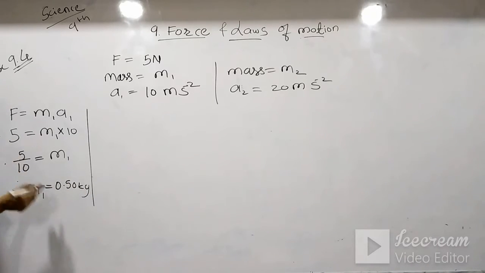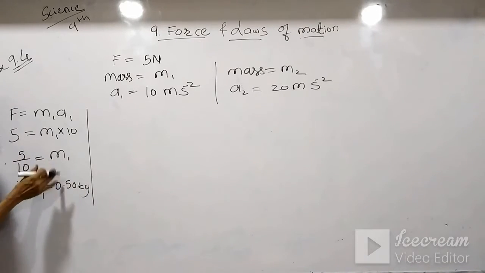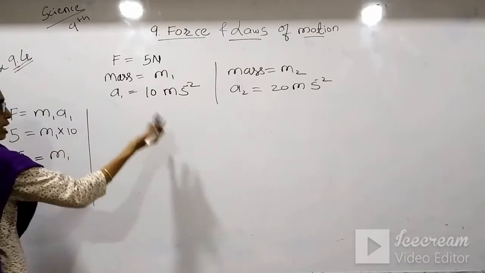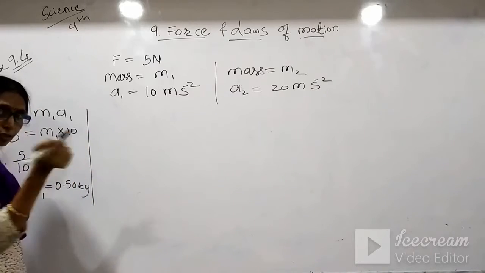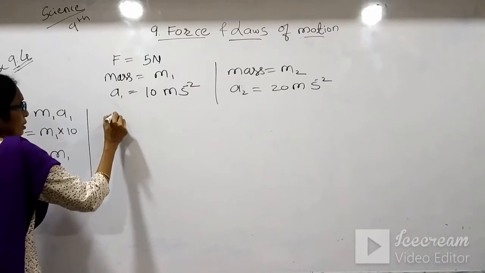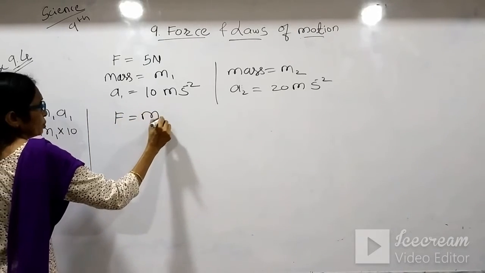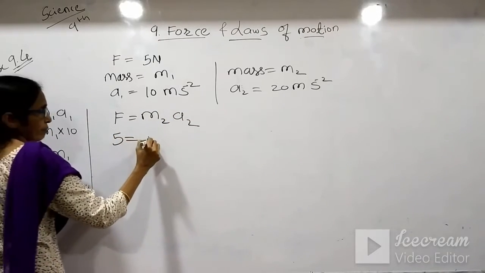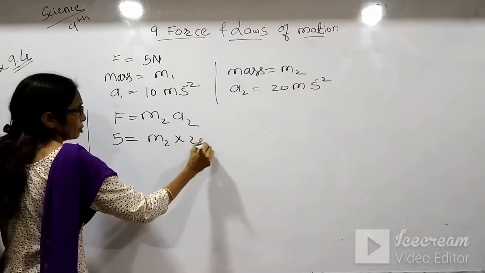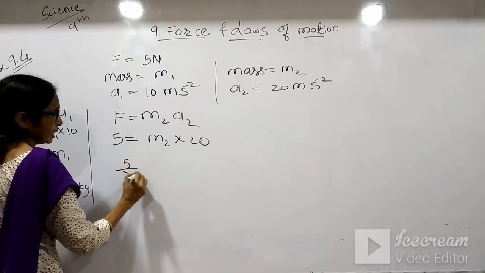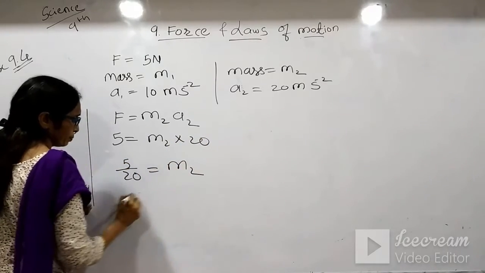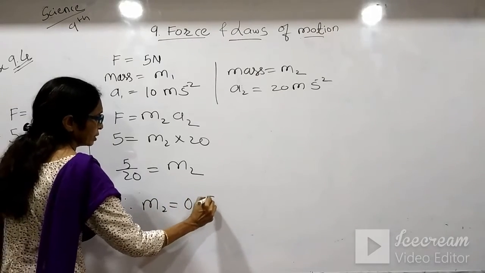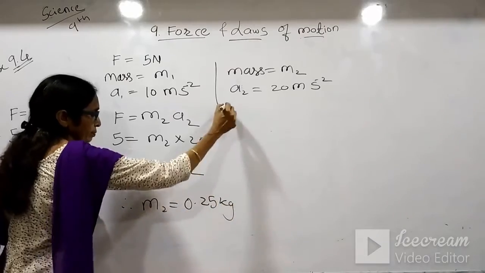This is the first case. Now, we will find m2. Force is the same. F is equal to m2 a2. 5 is equal to m2 into 20. So 5 upon 20 is equal to m2. Therefore, m2 is equal to 0.25 kg.